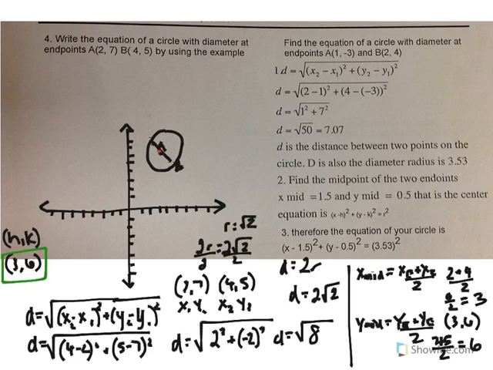Now we have our radius and our center, so let's write our equation. We start with the equation itself.